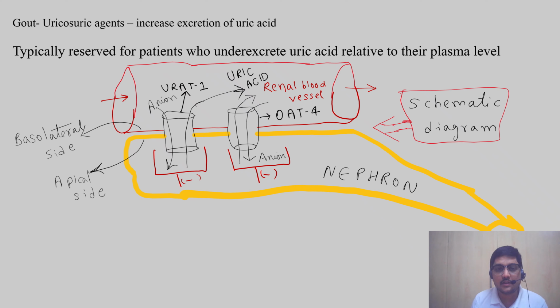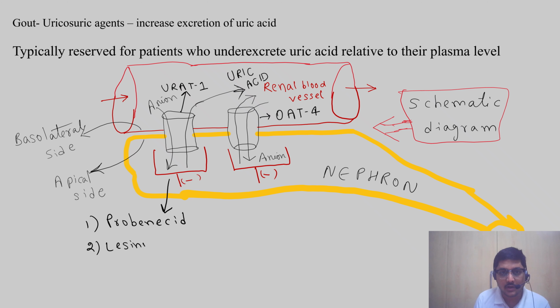What are those agents? The drugs which are going to inhibit this urate 1 channel are, first, probenecid. Yes, we all know. Next, lesinurad. Third, benzbromarone. But benzbromarone is not USA approved, so it is available in other countries but not in the USA.